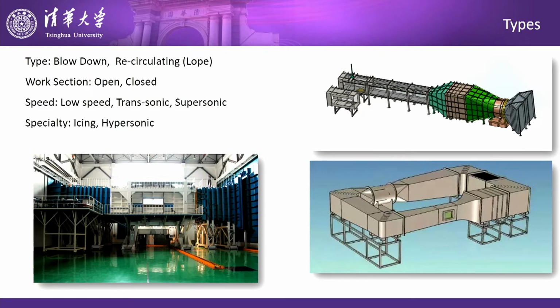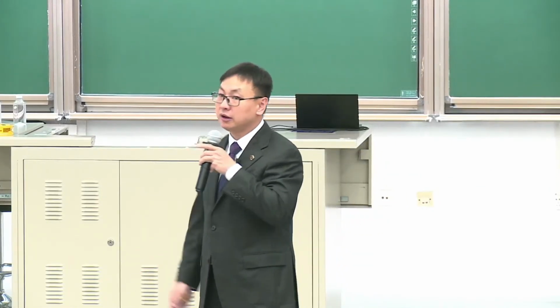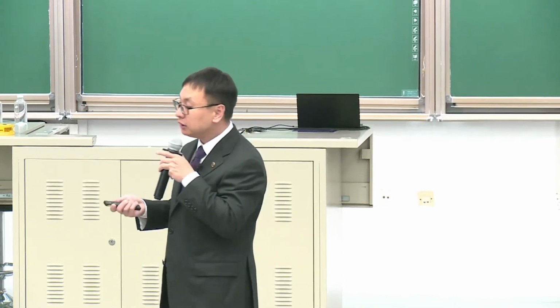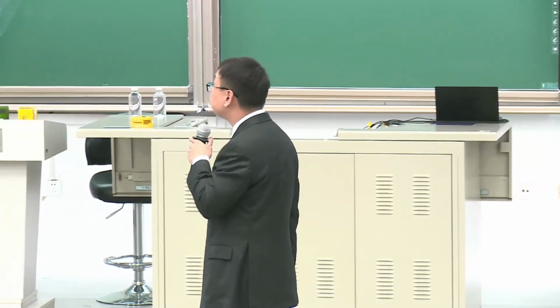Sometimes the wind tunnel can change its work section. See, the white one is the closed work section, or we can remove it, add a collector, and it becomes an open one, so it's changeable. Some wind tunnels have special equipment like an icing window or an ionization window. The first is usually used in aircraft, the second in space.